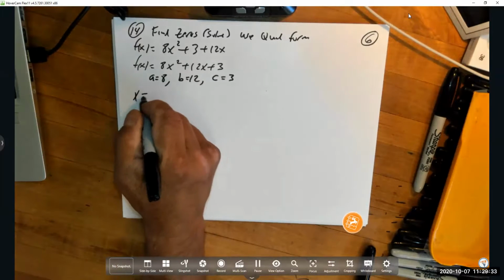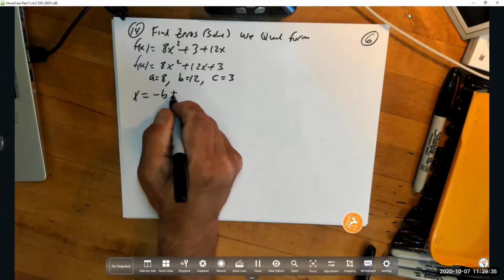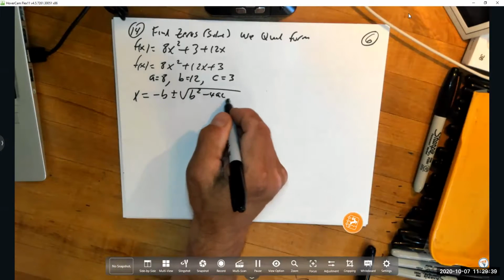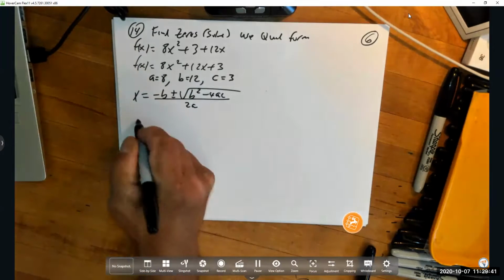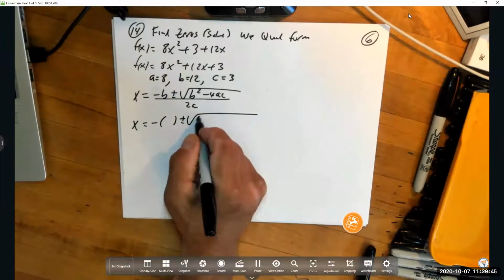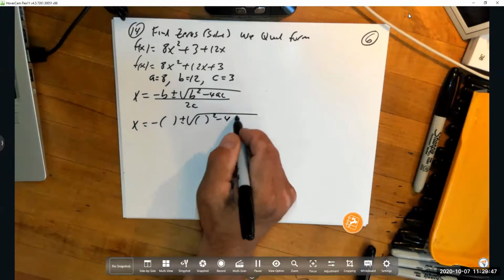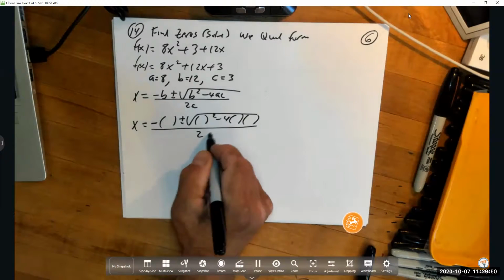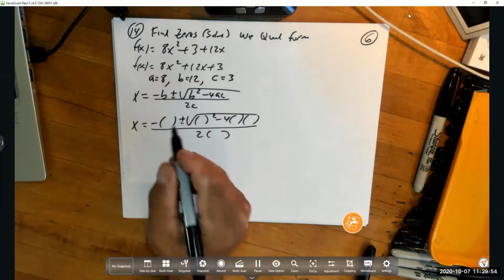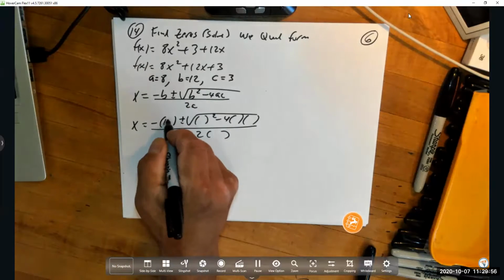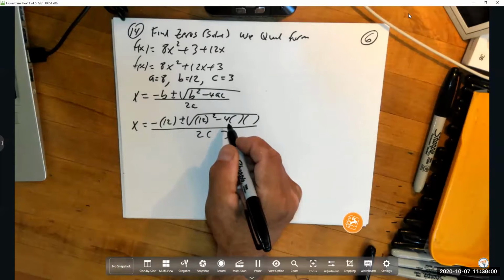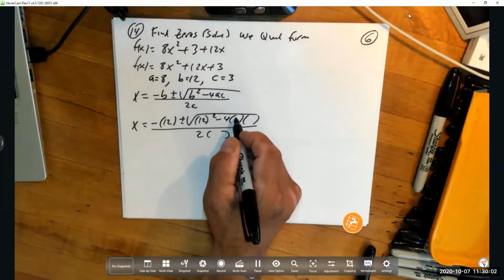So now I'm going to write the formula down. And I'm going to put all these numbers super carefully in there. You don't mess these things up. All right, ready? You're going to tell me what goes where. What is letter B? Think about it. 12. What is letter A? 8.